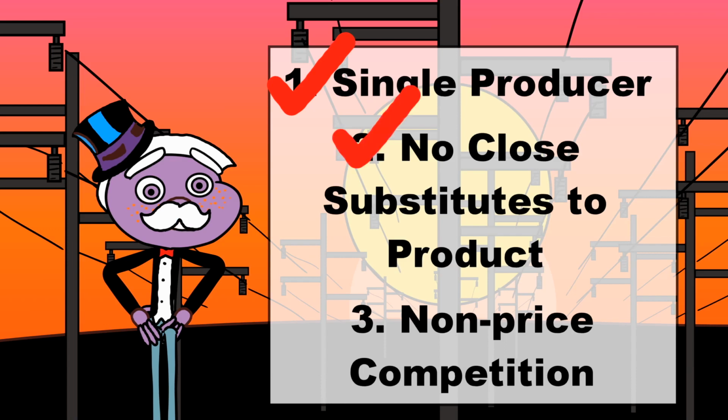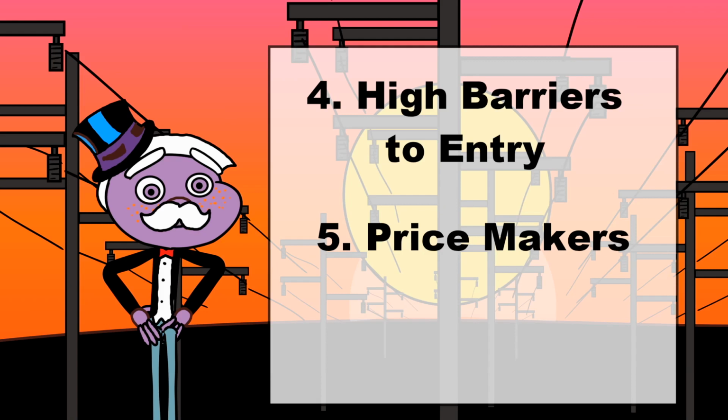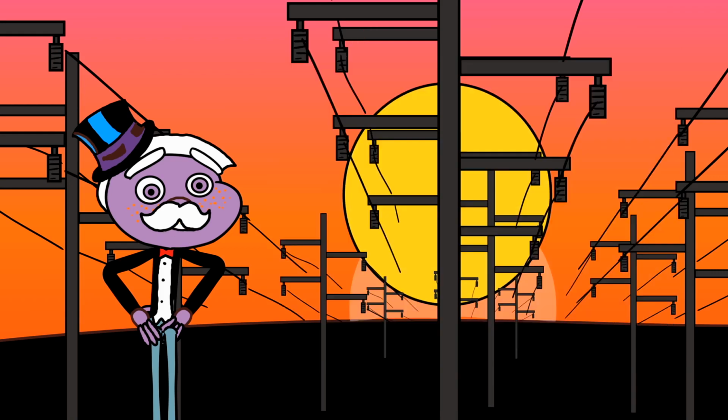Non-price competition holds true with power companies, as they rarely run commercials, but instead PSAs. Check. High barriers to entry. Well, to lay the groundwork for a power company can take billions of dollars. Checkaroo. And the market power? As discussed earlier, in most areas only one power provider is available. And check. So, we're sure a power company is a form of a monopoly.